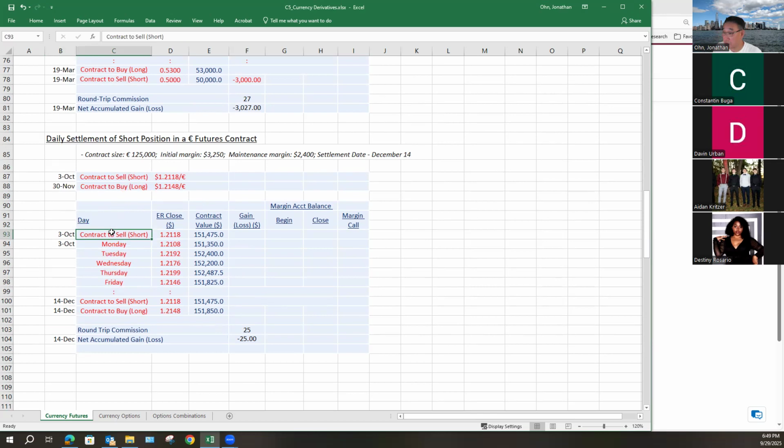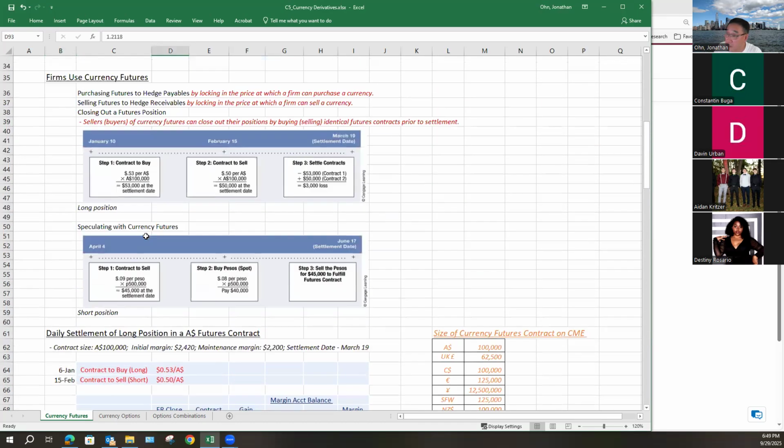Monday, October 3rd, you are in a short position. You sold a futures contract at 1.2118. Why do you do this? Why do you get into a short position? Is that the contract to sell your position?